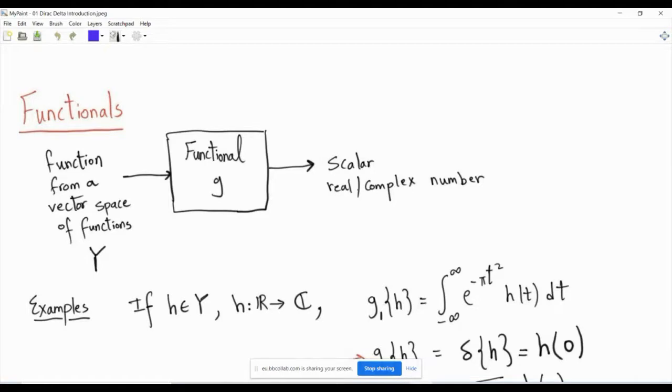So for a functional, its input is a function and its output is some number. This number can be purely real or it can be a complex number.